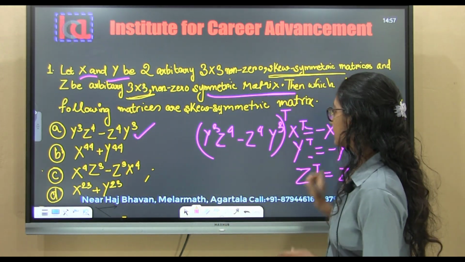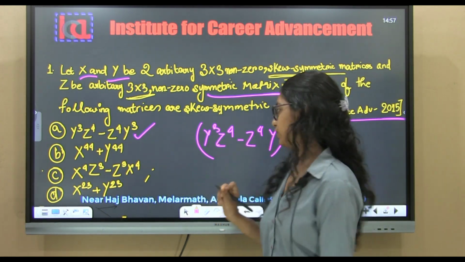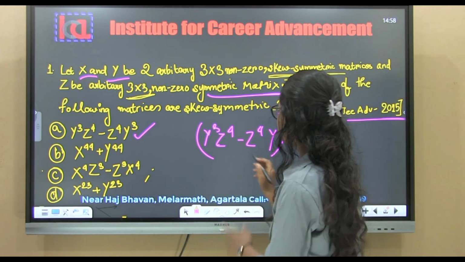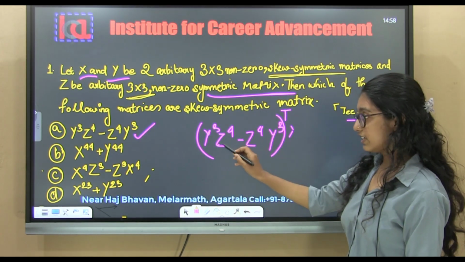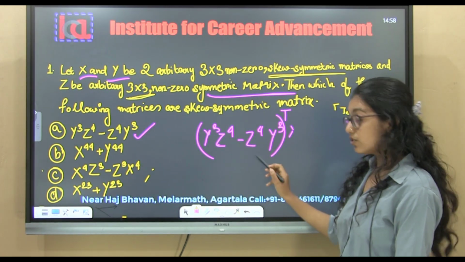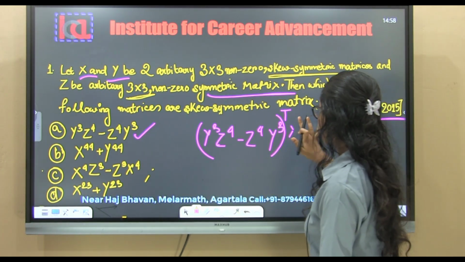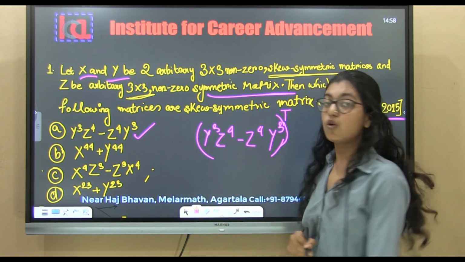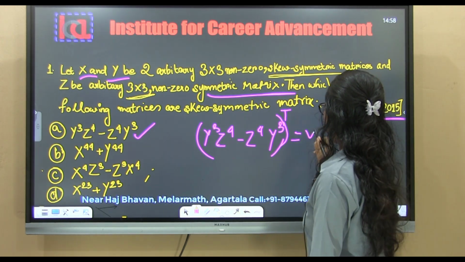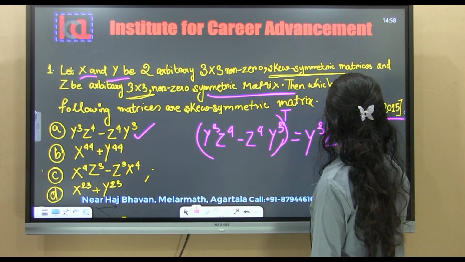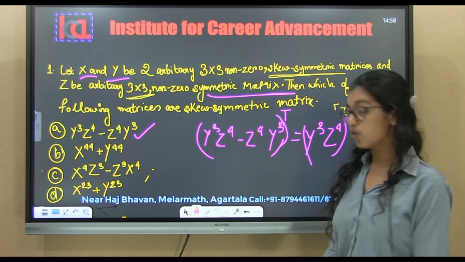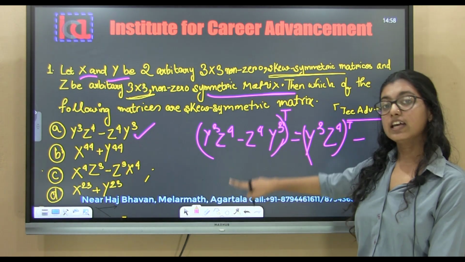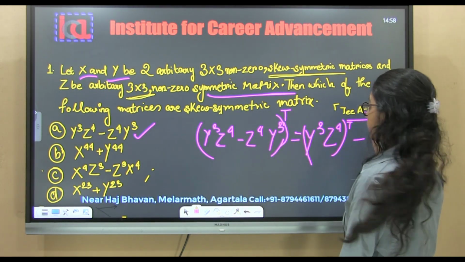So for solving this type of questions, if a polynomial expression is provided, then we will take Y cube into Z to the power 4 minus Z to the power 4 into Y cube, which can also be written as Y cube Z to the power 4 whole transpose minus Z to the power 4 into Y cube whole transpose.